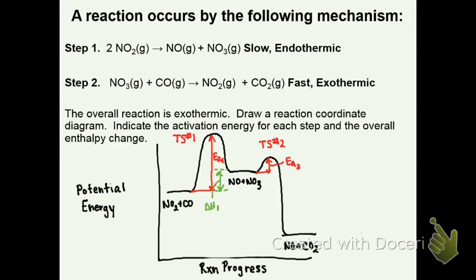And the difference in energy between the intermediates and the ultimate products will be delta H for step 2. And the difference in energy between reactants and products will be delta H for the reaction. So this reaction coordinate diagram gives us an overview of the energetic relationships between reactants, products, transition states, and intermediates.